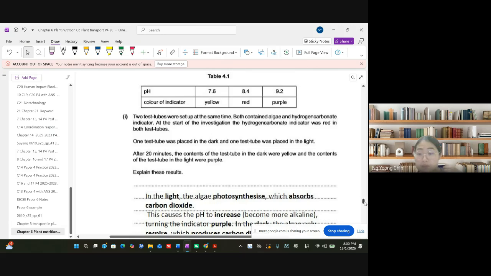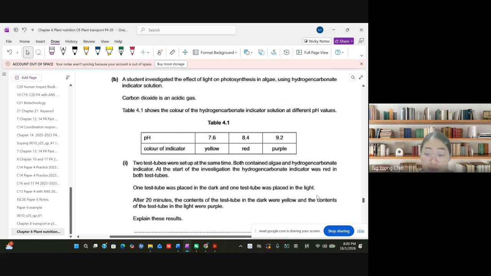Explain the result. Why did the test tube in the dark become yellow? Yellow means that the pH is actually reducing, because yellow is pH 7.6. And what about the contents of the test tube in the light? They turned purple, which means they became more alkaline.